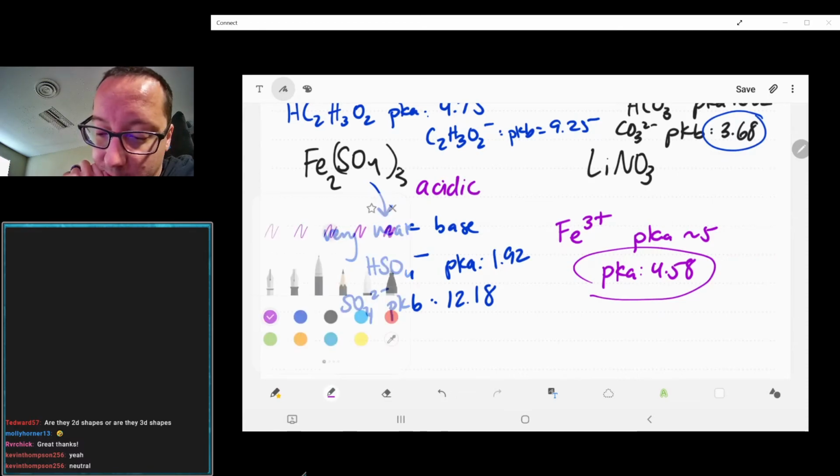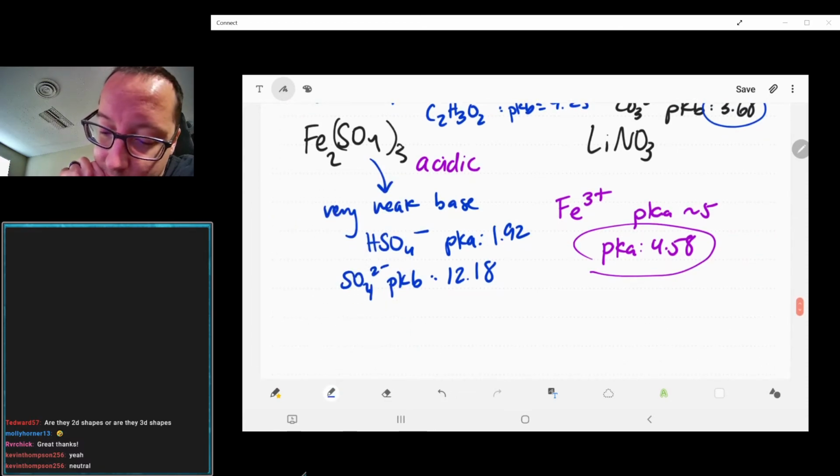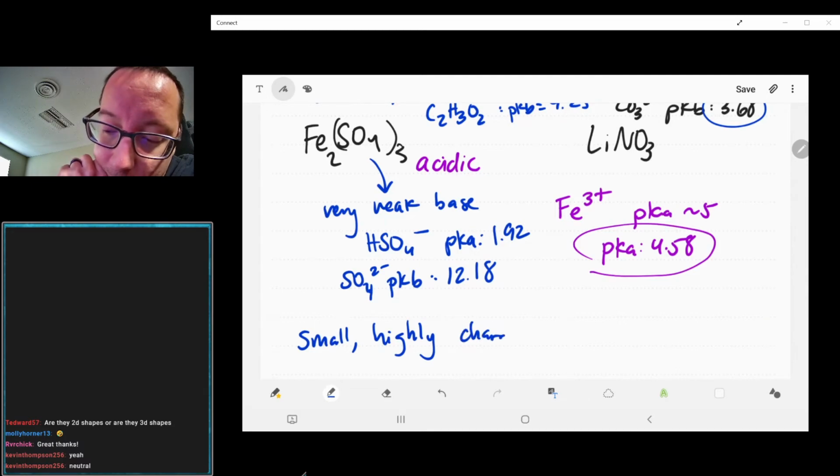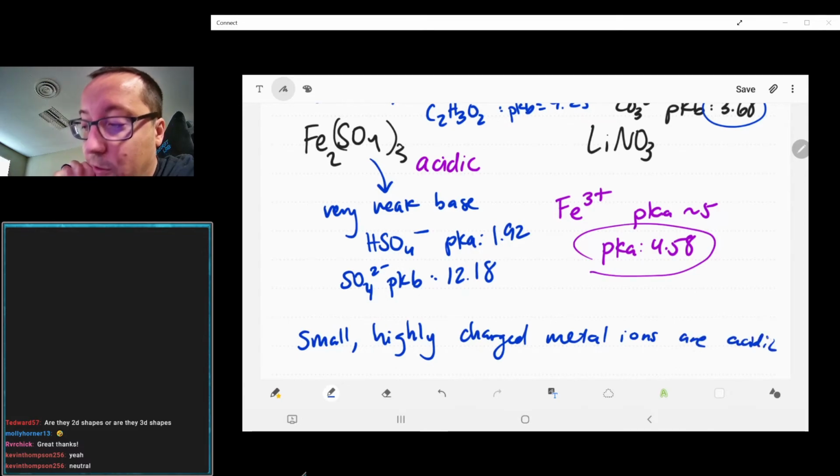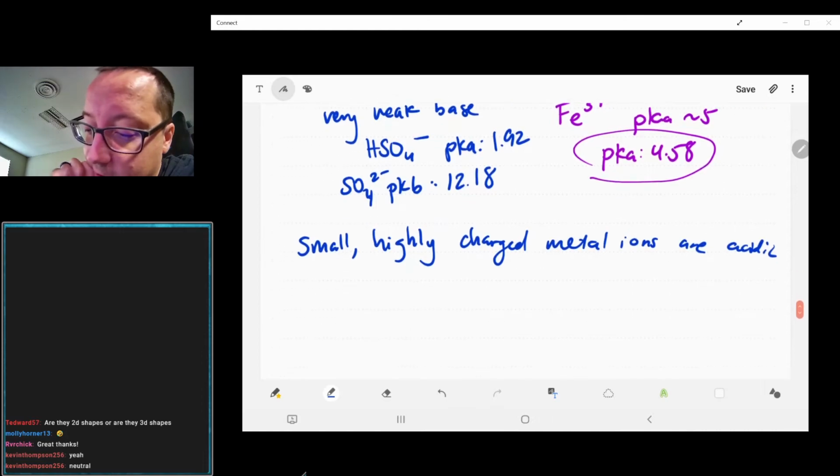So just remember, small, highly charged metal ions are acidic. So those have pKa's, so you would want to look them up.